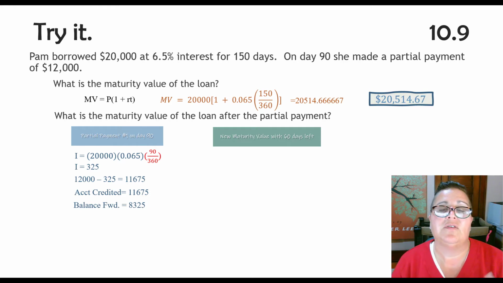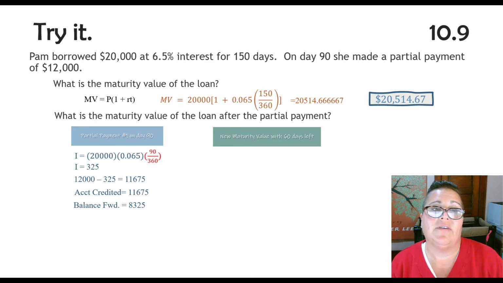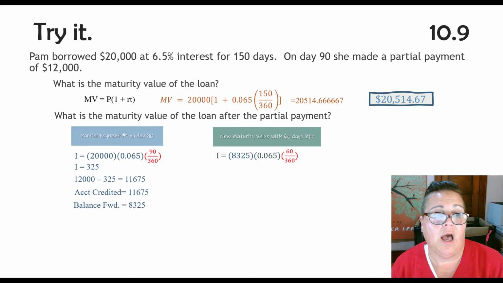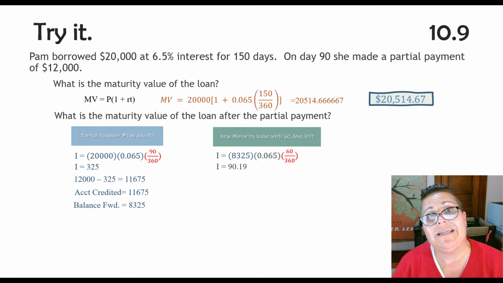All right. So our interest is going to be on our balance forward, which is the $8,325 at 6.5% for the remaining 60 days out of 360. So I is $8,325 times 0.065 times 60 over 360, or $90.19.